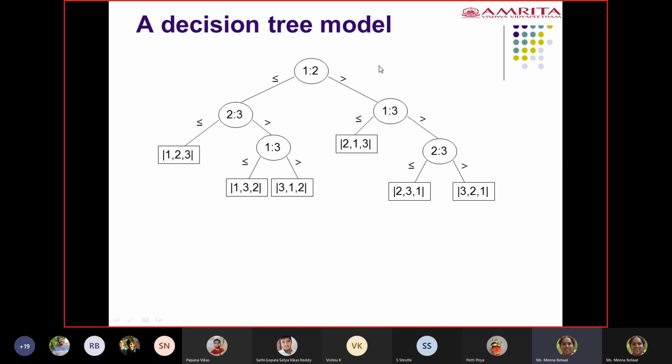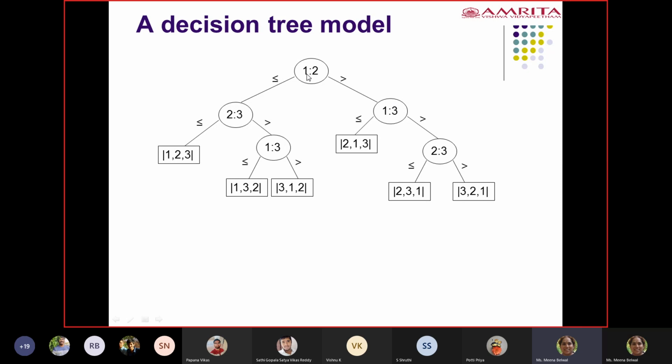But based on the input, we will fall into a particular leaf, and that leaf is going to give me the correct order. So in general, you can say that all the leaves are going to give you a correct order because they are giving all permutations. So depending on which input we have, we are going to follow one of the branches.